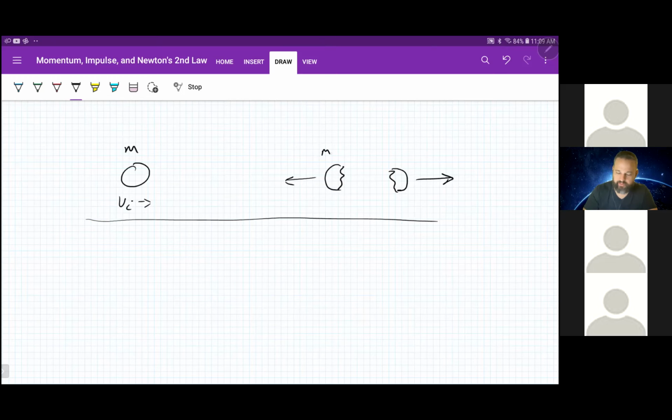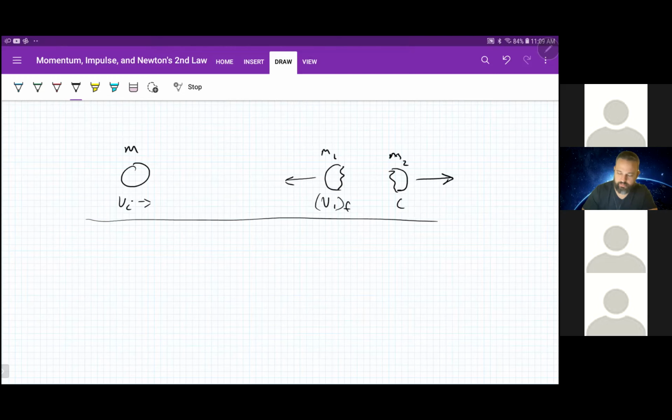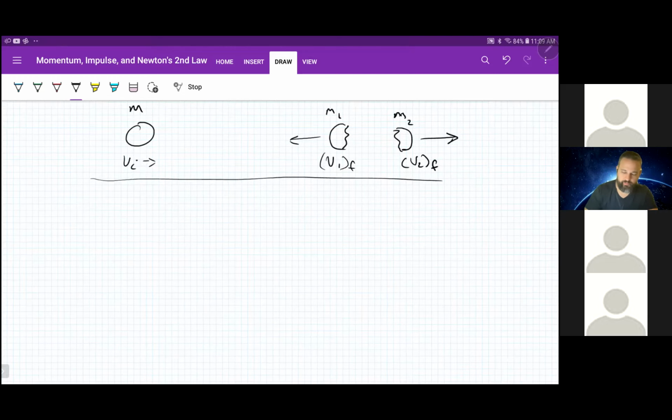So we'd have an M1 plus an M2 because it splits into two parts, and each mass is going to have a different velocity. So our equation would look like the total mass M times VI equals M1 V1F plus M2 V2F.